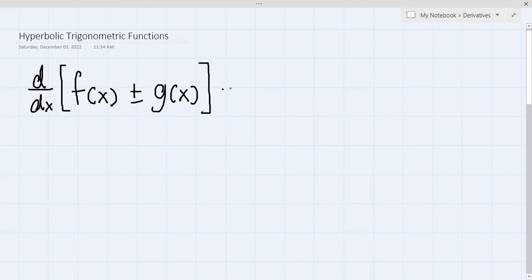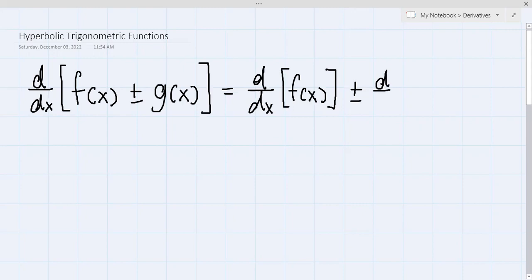So dito, ang sum and difference rule of differentiation ay ito. The derivative of f of x plus or minus g of x is equal to the derivative of f of x, plus or minus the derivative of g of x.